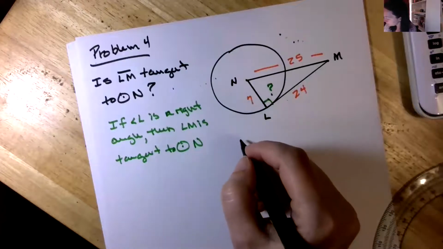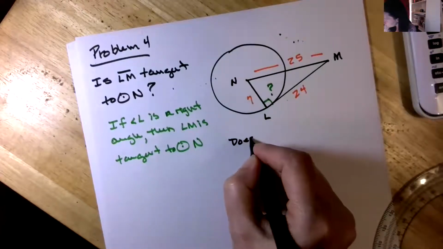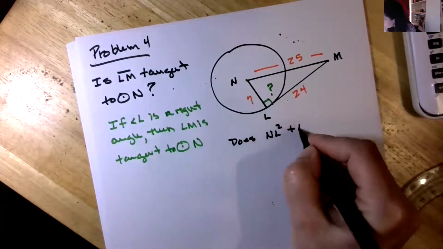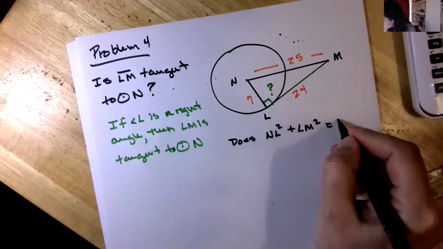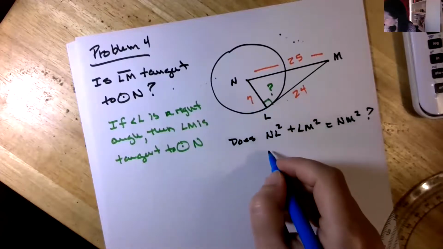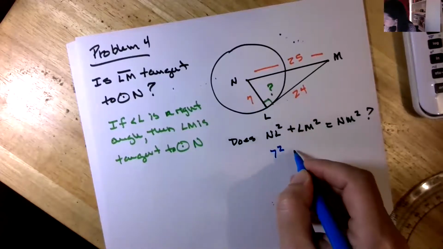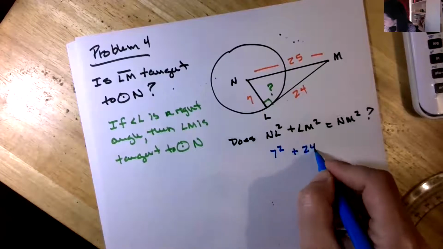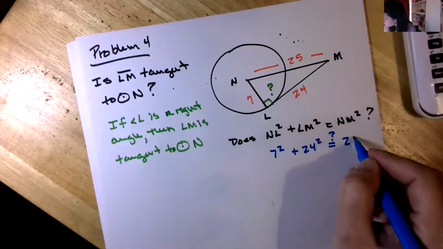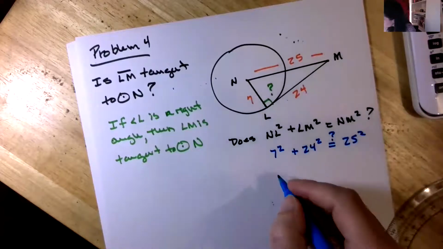And we could say, okay, does NL squared plus LM squared equal NM squared? Well, let's find out. NL is 7. LM is 24. And NM is 25. Well, this is 49.